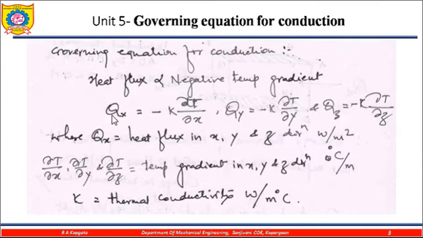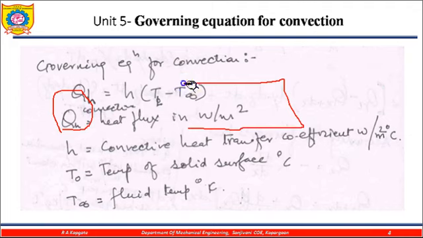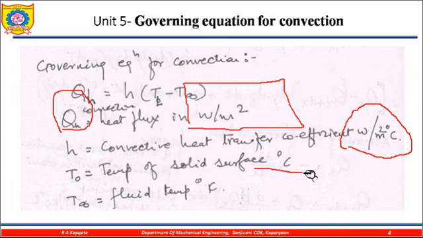Now let's see here, in a conduction process, the unit of Qx is watt per meter square, and this temperature gradient is degree centigrade per meter. Here also you see that Qh, the heat flux, is watt per meter square, and h is the convective heat transfer coefficient, watt per meter square per degree centigrade, while this one is the degree centigrade.